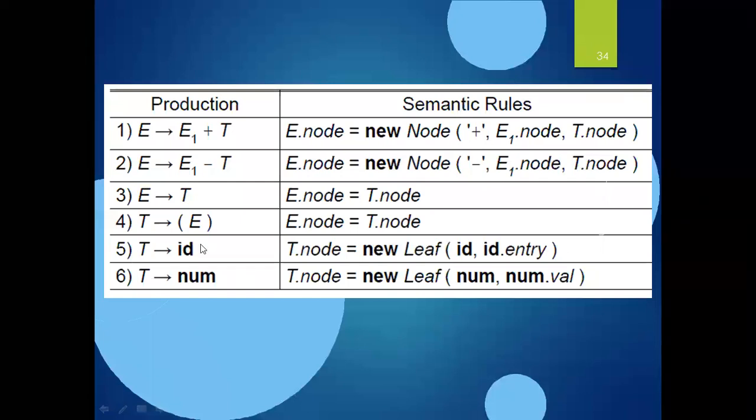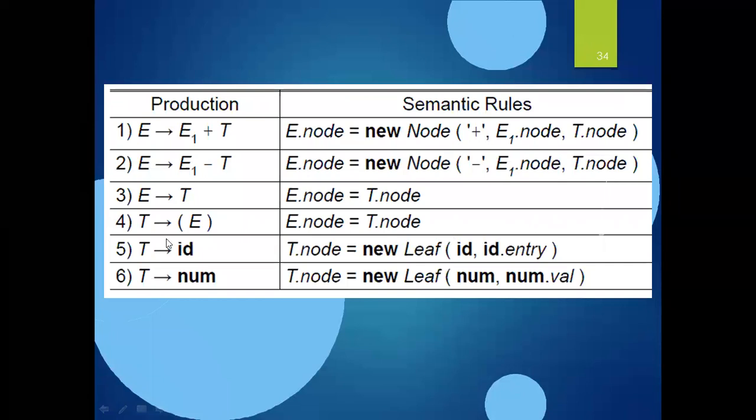For the terminals we have two fields, for the non-terminals we have three fields. What this function creates is an identifier node with label id, and a pointer to the symbol table given by id.entry. It is a pointer to the symbol table and it is a label id.